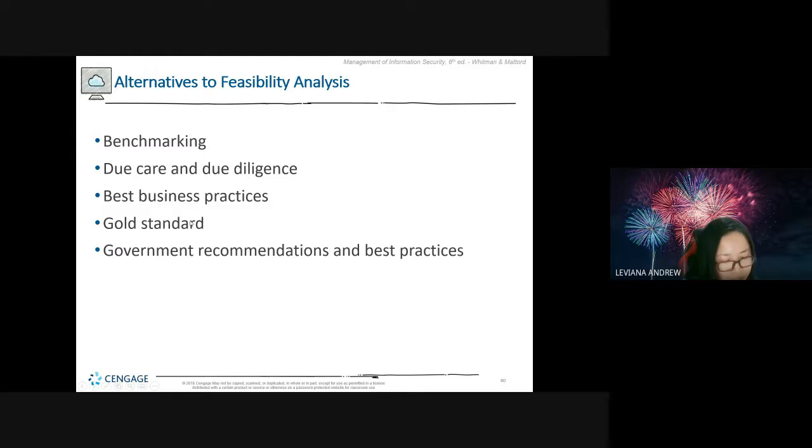Gold standard is where the best business practices are not sufficient. They aspire to set the standards for the industry and are thus said to be in pursuit of the gold standard. Government recommendations and best practices are useful for organizations that operate in industries regulated by government agencies, for example, engineering, science.